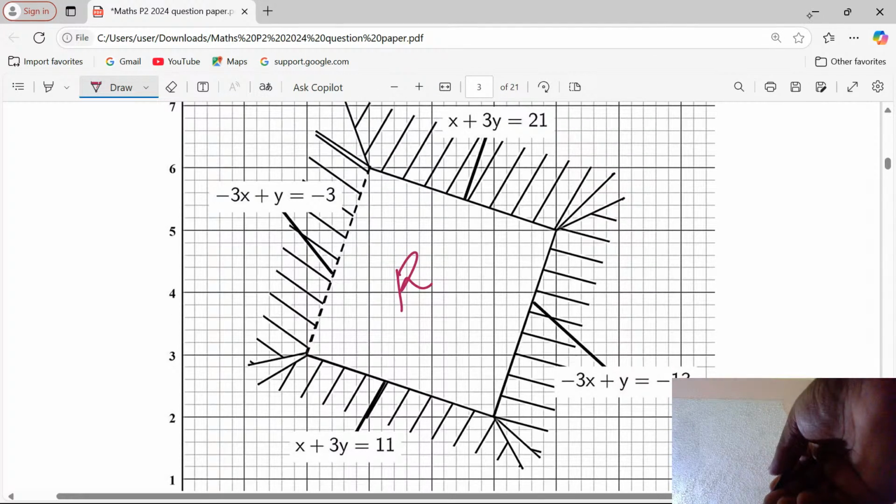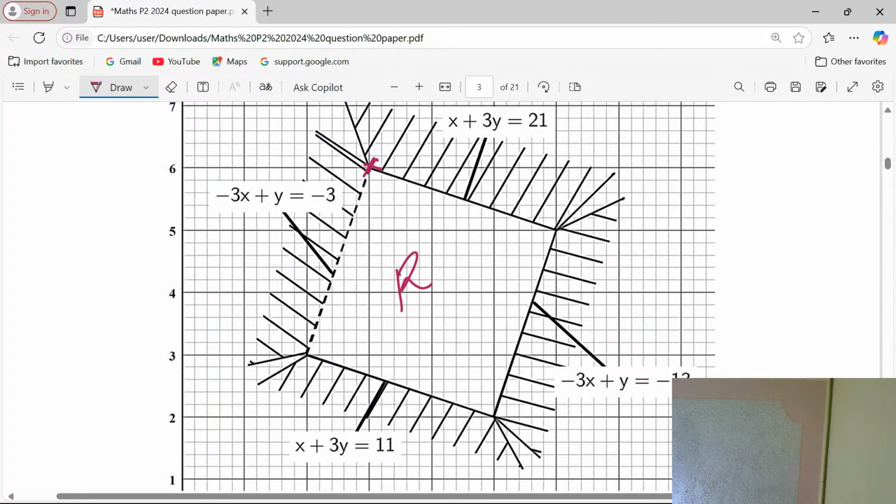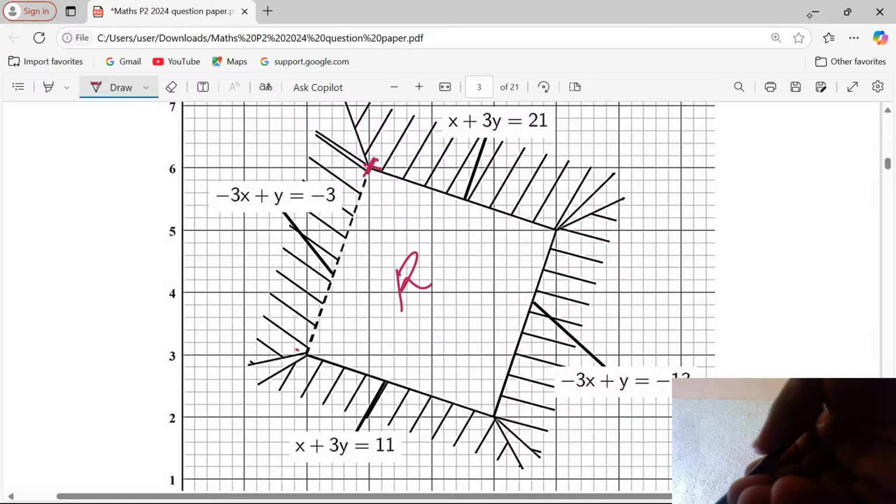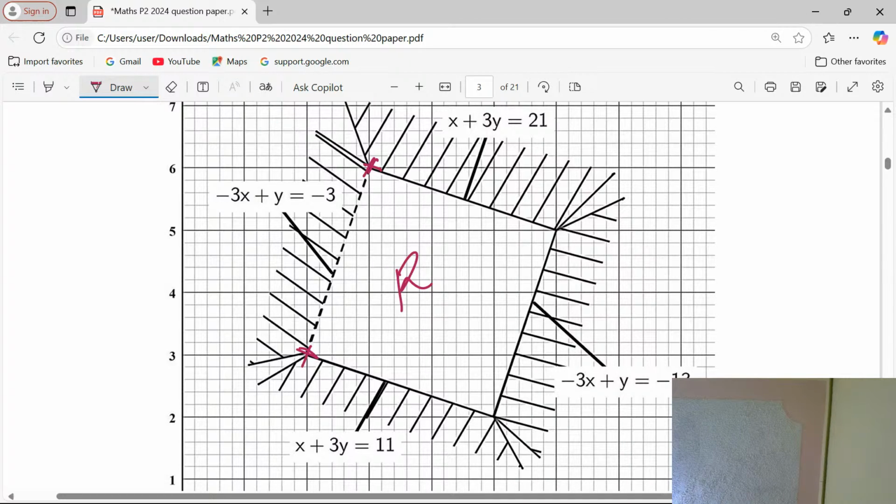And as you can see, we must follow the values at the edges. When you consider this intersection at the point here, it has been enclosed by a broken line, which means it is not part of the points which satisfy the inequality. Then we have another one here, again coincided by a broken line, meaning that the point there does not satisfy the conditions.